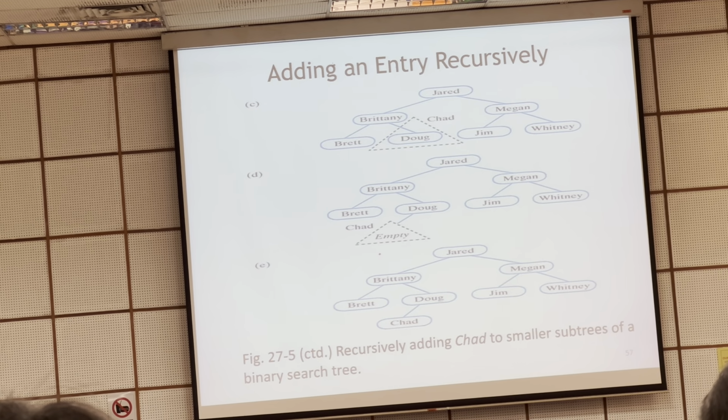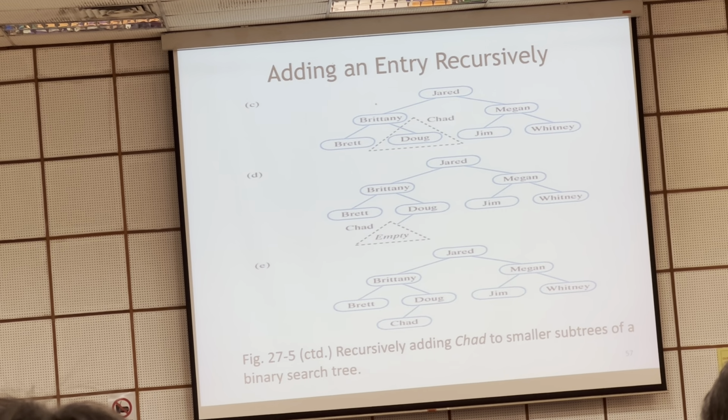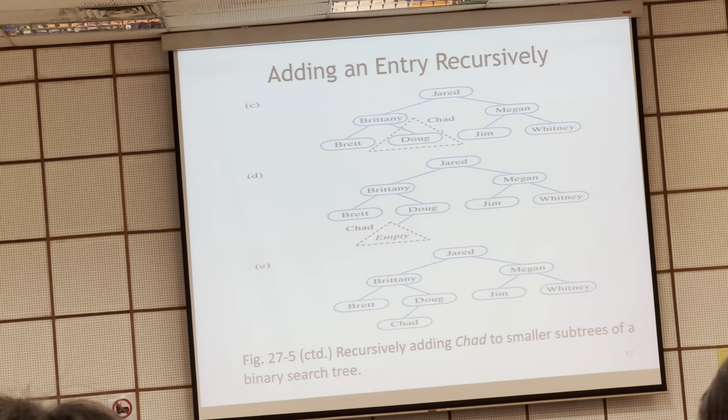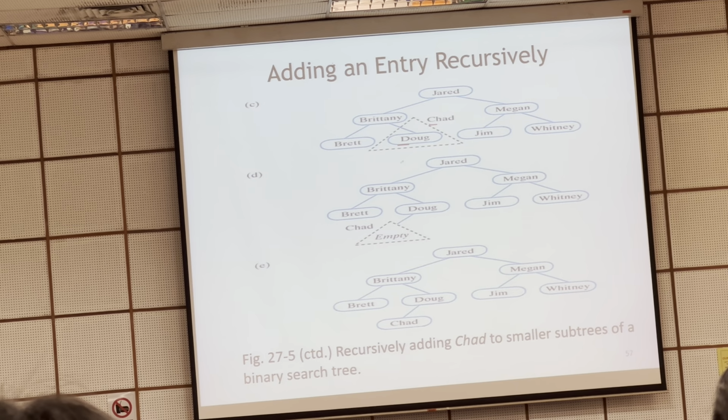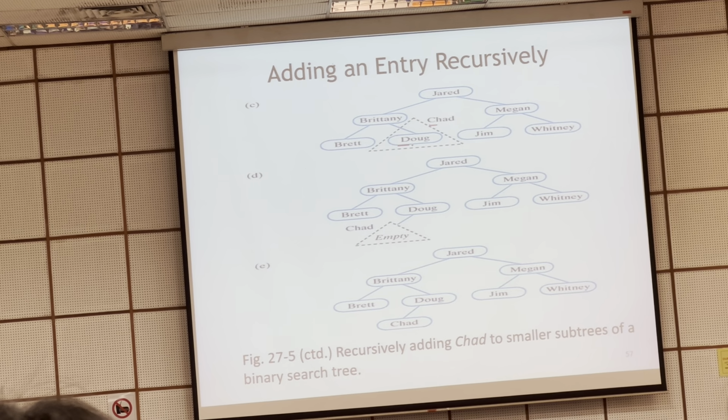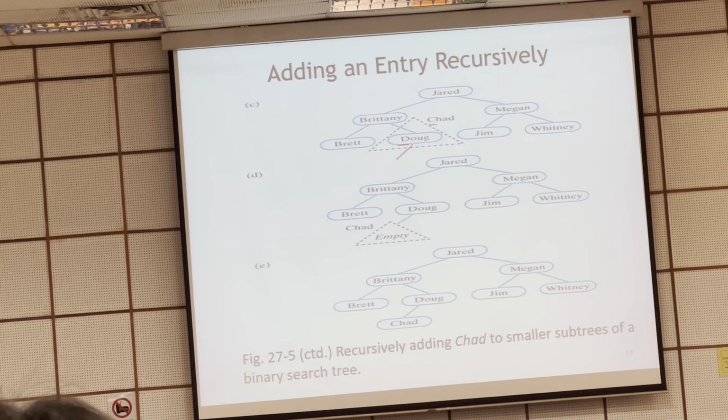Once it goes to the right subtree, even though there's only one node, I need to check with Doug: C and D. Does C come first or D come first? Should it go on the left side or the right side? Left. And then only we add the value.